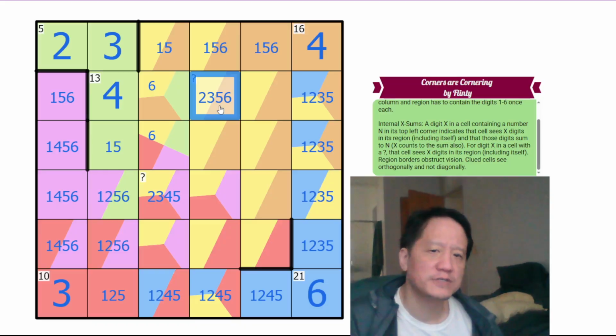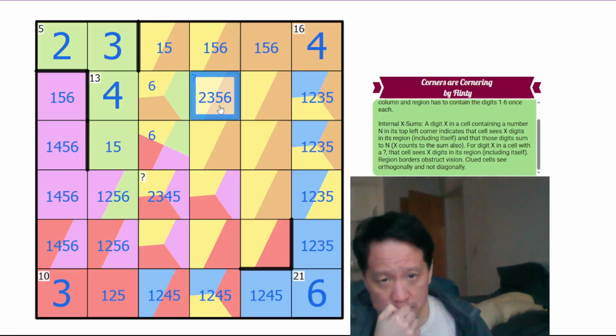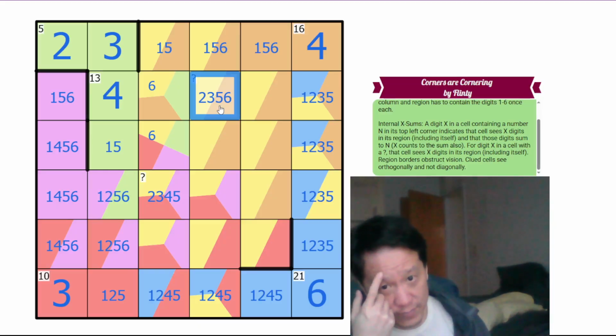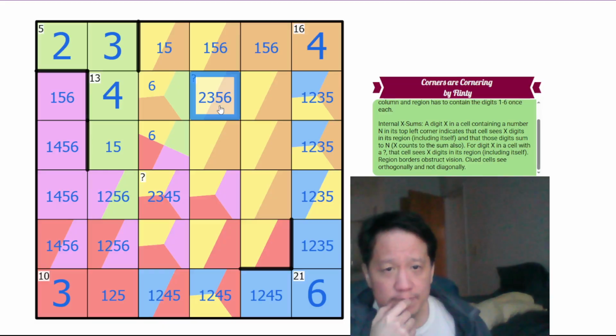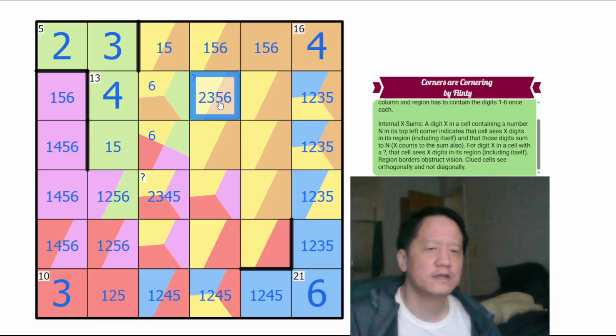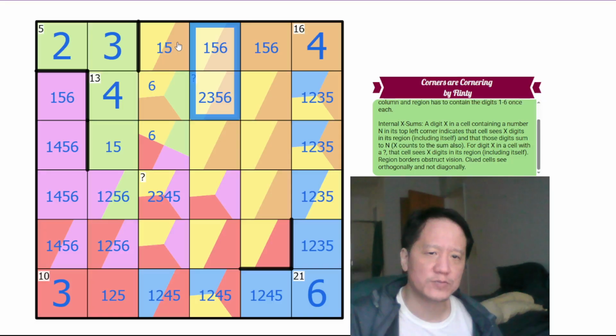Can this see all six? I don't think so, right? Say it did. How would that work? It cannot go here because then this would be. So if this is six, this is guaranteed not to be orange. It has to be yellow.